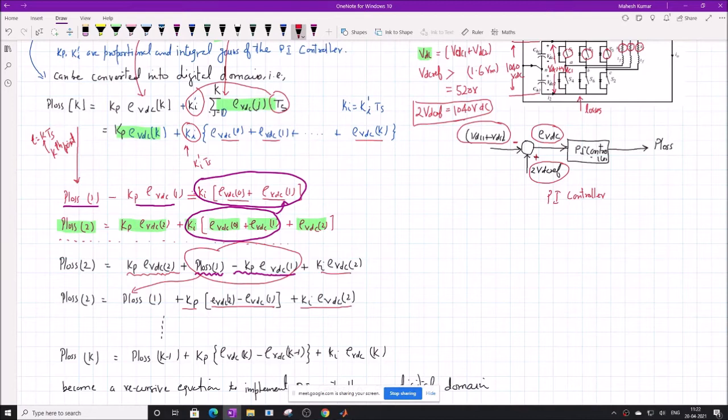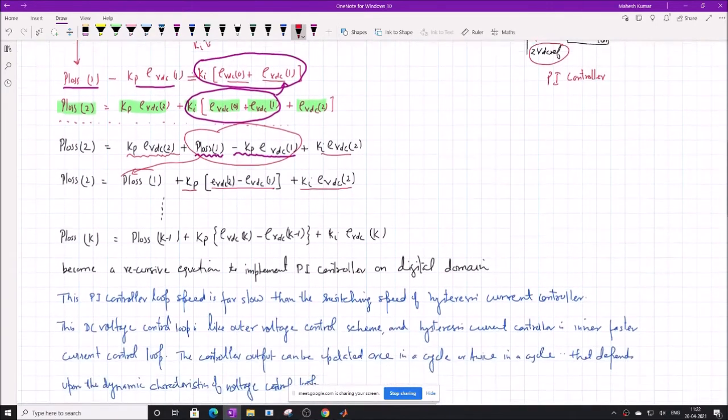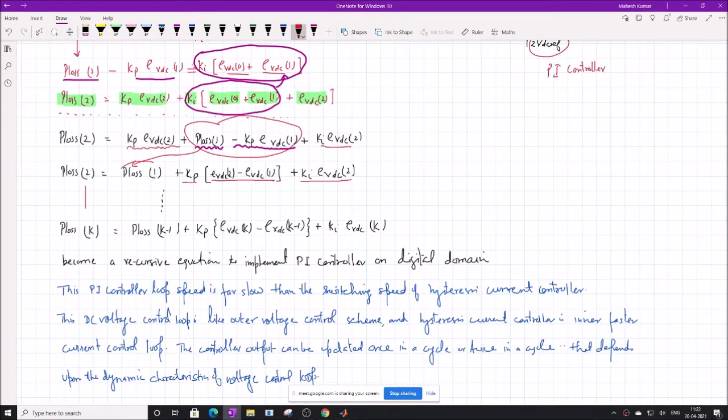So you see the summation of series is being transformed into the recursive computation of P loss. This we can extend for any kth sample of P loss. So we can generalize this to P loss k is equal to P loss k minus 1 plus Kp times EBDC k minus EBDC k minus 1, plus Ki EBDC k.